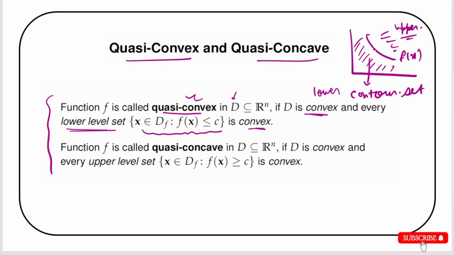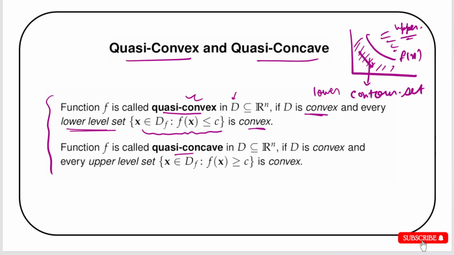So you have a function like this, you find out the lower level set or lower contour set of this function. If you see that this lower set is a convex set, and I have already told you what a convex set is, you take any 2 points here and join, you will see that the line segment lies entirely inside. So this is a convex set and the function will be quasi convex.